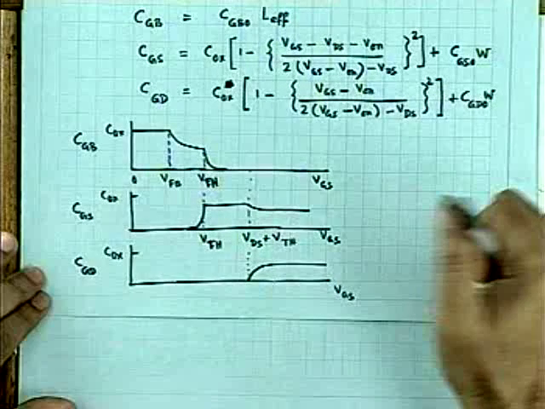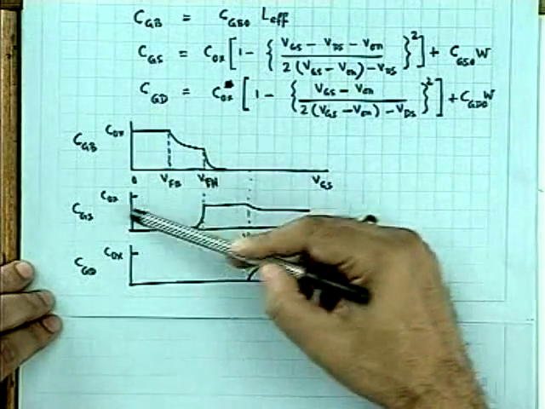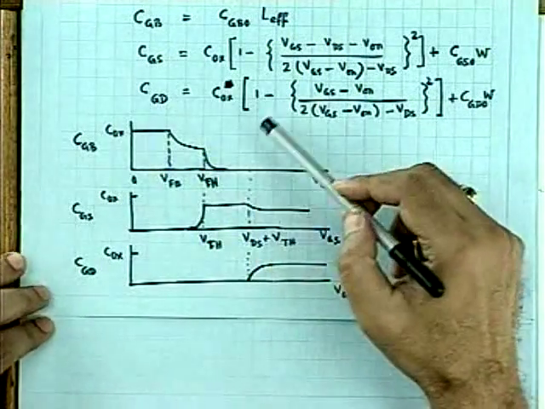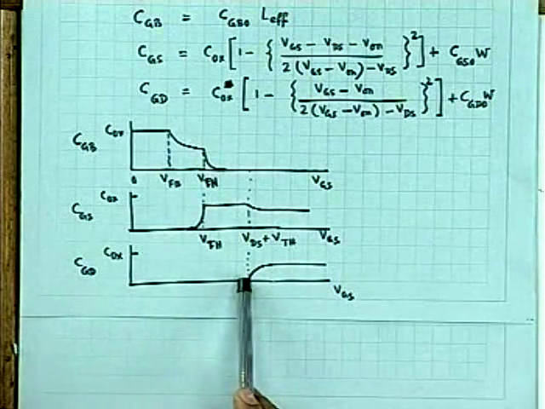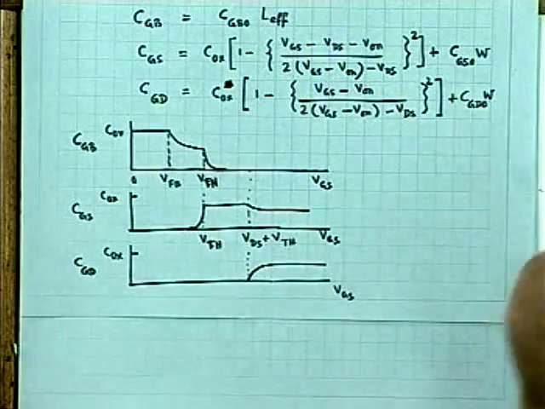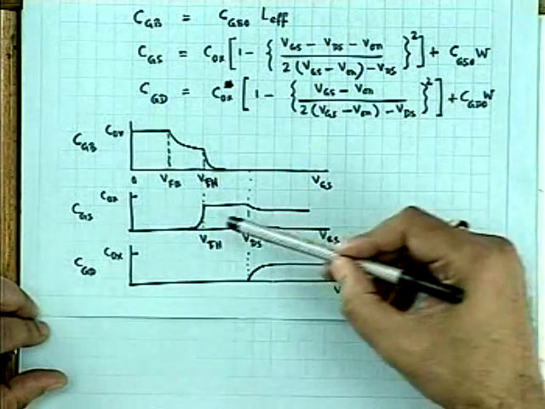You can try to explain how these capacitances vary like this. Here it is 0, which means that the overlap capacitances etc. are very small, assumed to be 0, meaning very small compared to COX.